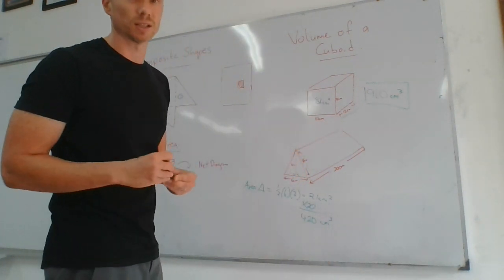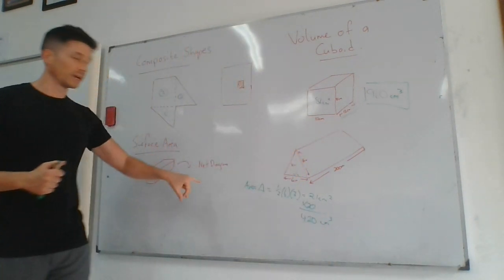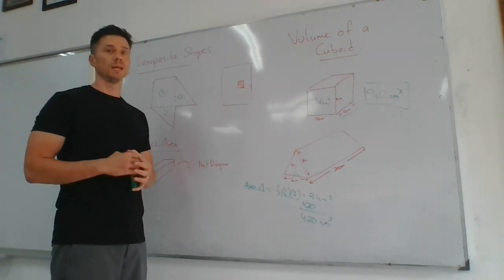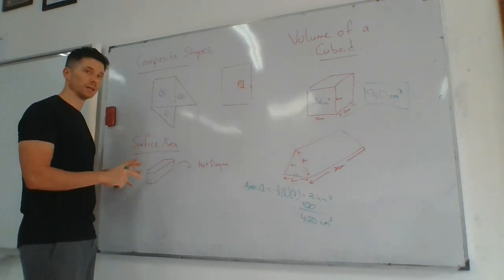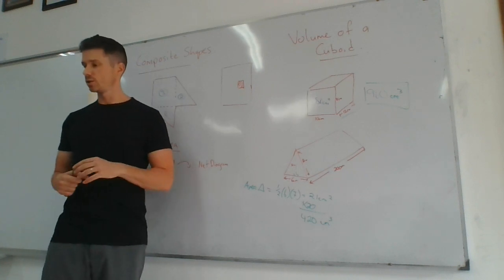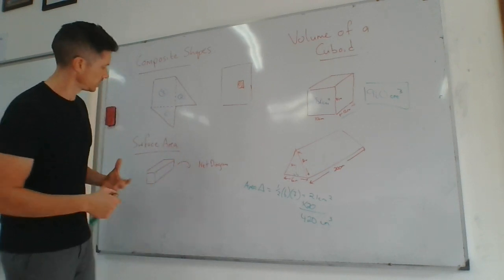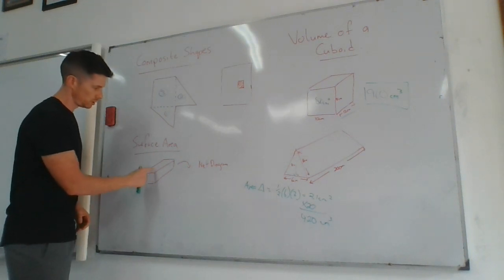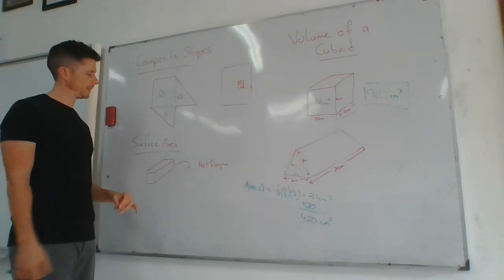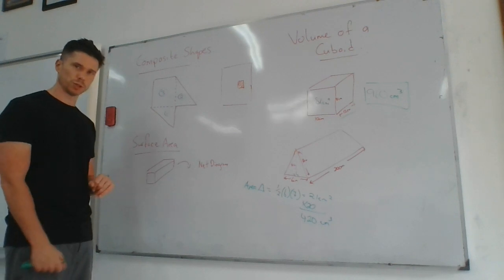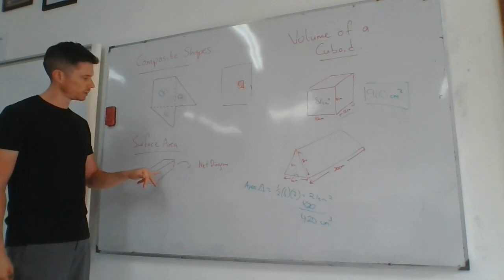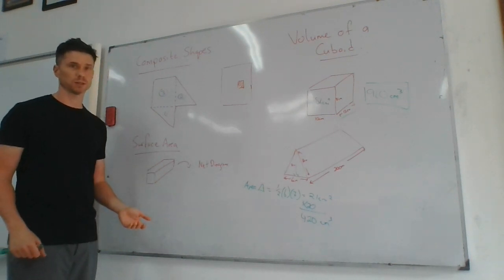Okay, so that's volume. Final thing we're going to look at today is surface area. So in a three-dimensional shape, there will be more than one surface. So you can see here on this cuboid or prism, how many surfaces do we have? Well, looking at it, we can only see 3 surfaces.